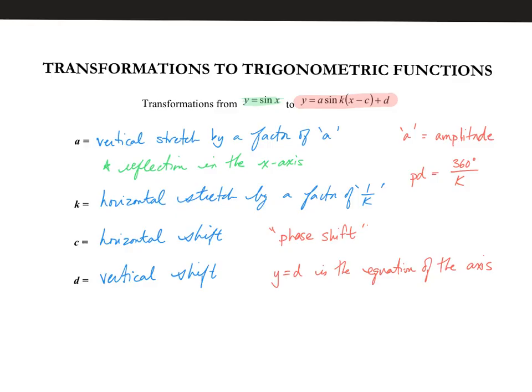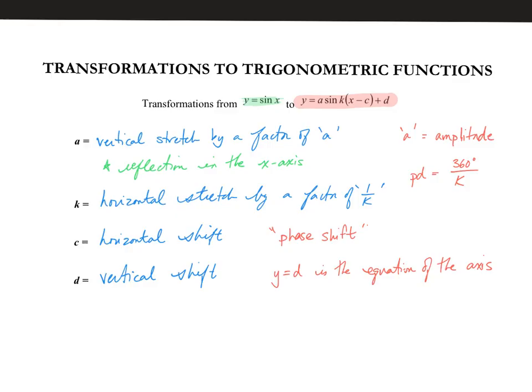I've just plugged in an A, a K, a C, and a D as placeholders for those transformations. We should be good that if we saw an A value, for instance, we could have a vertical stretch by a factor of A. And if that A happened to be negative, then there would also be a reflection in our x-axis.